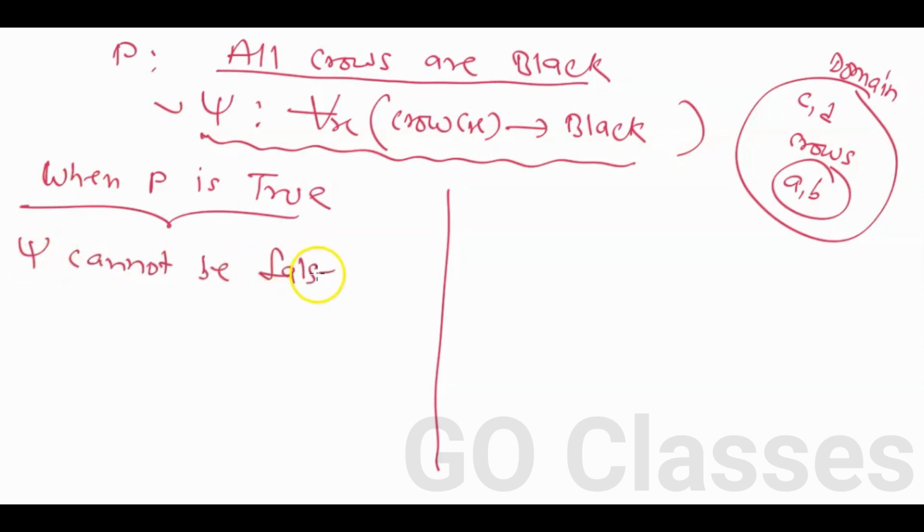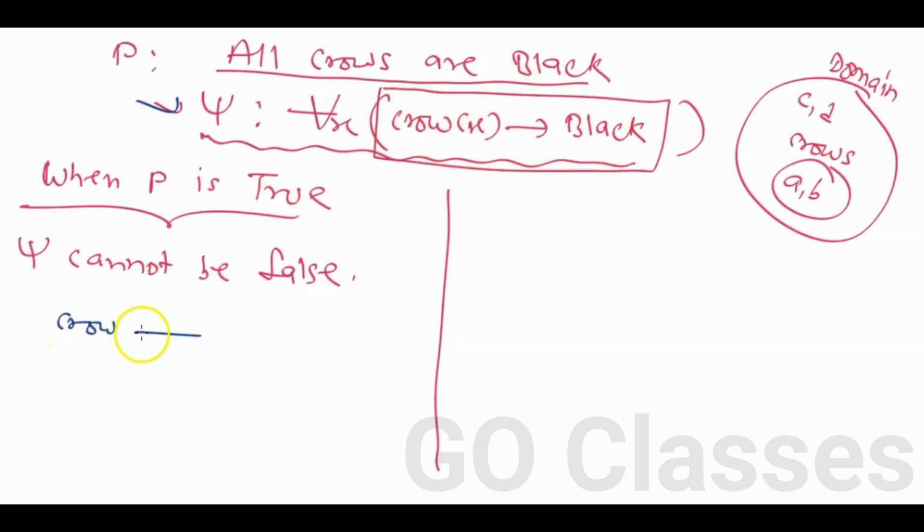Why? Because how can you make phi false? Phi will become false when there is some element for which this internal expression will become false.